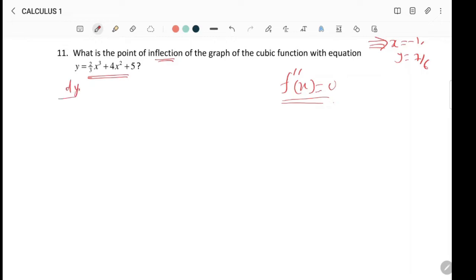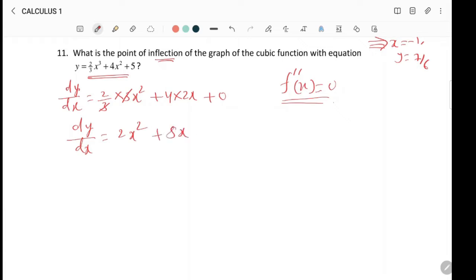So dy by dx, which is 2 over 3 times 3x square, 4 times 2x, and 5 differentiation 0. 3 and 3 cancel. So dy by dx I got, this is 2x square plus 8x, right?